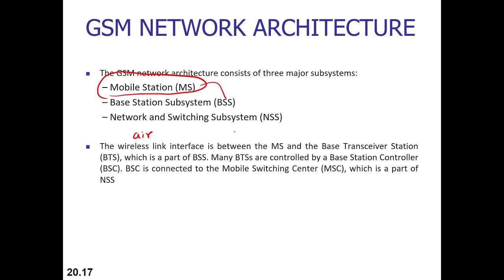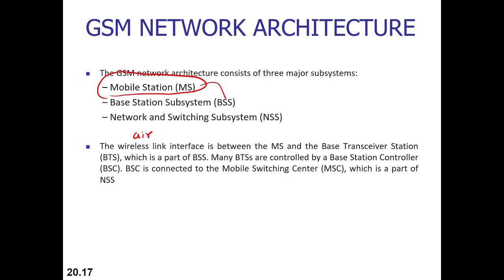The transmission over the air, the protocols involved, again GSM gives you the specs for that. So the protocols involved in the transmission over the air interface, we'll have to understand. Secondly, many BTS are going to be there. Every cell is going to have a BTS, multiple BTS for multiple cells, and many BTS are going to be controlled by a base station controller.